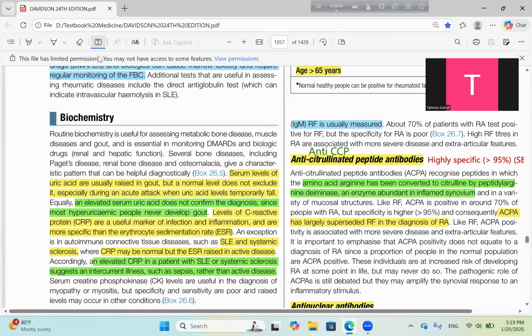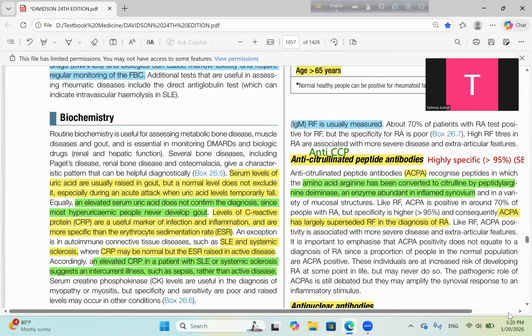What do we mean by anti-CCP? Anti-cyclic citrullinated peptide. So anti-CCP and ACPA are both the same terms.